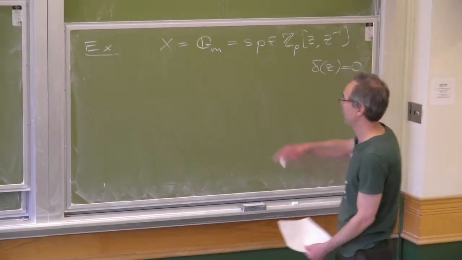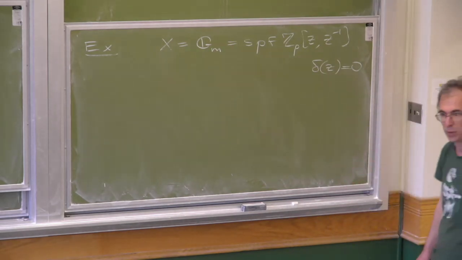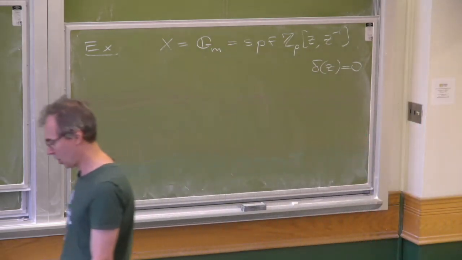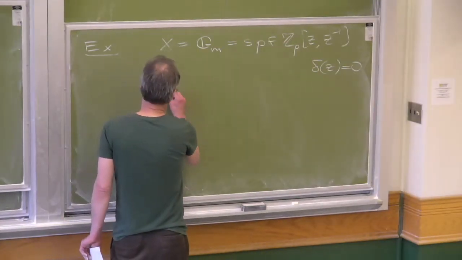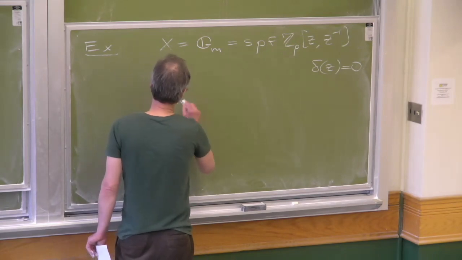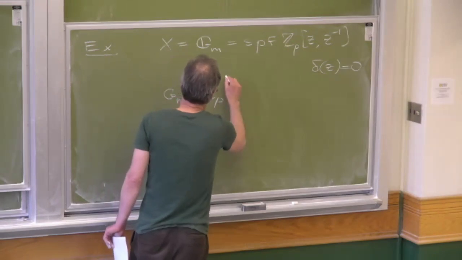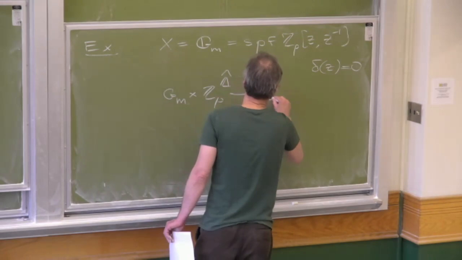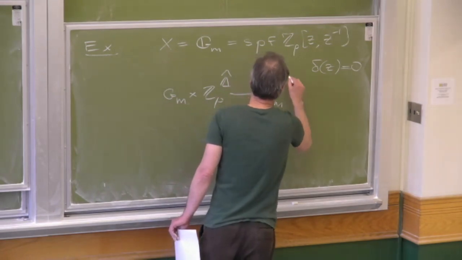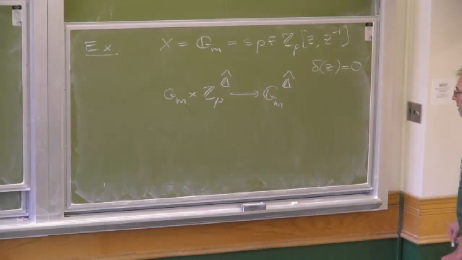So G_m is much better than G_a. It has a Frobenius lift compatible with the group structure. So in particular, what we are saying is that there is a map from G_m, well, we already have a map from G_m, that is, C here, prismatized to G_m. And that's what we already defined.